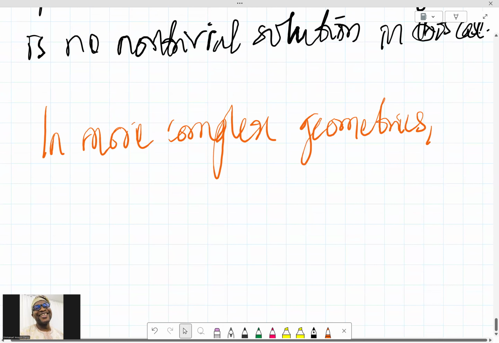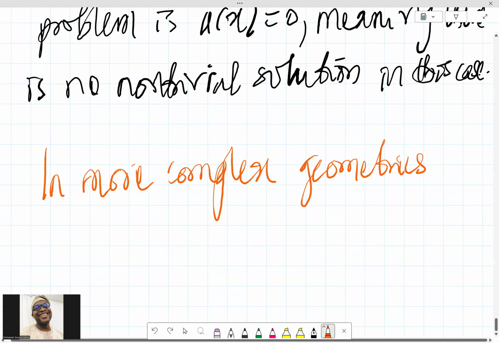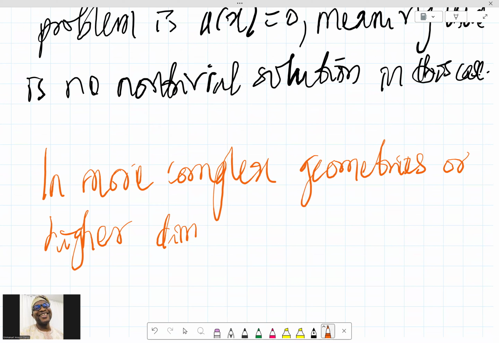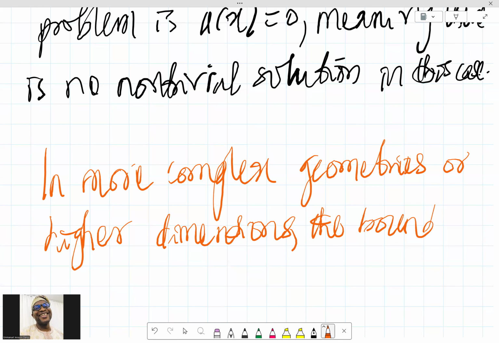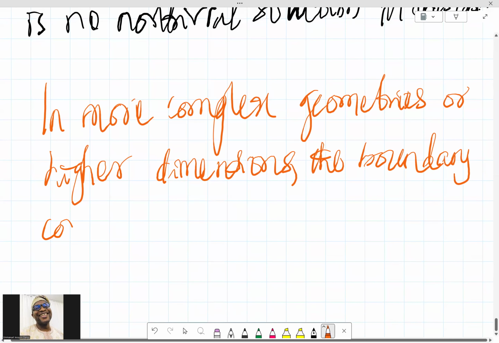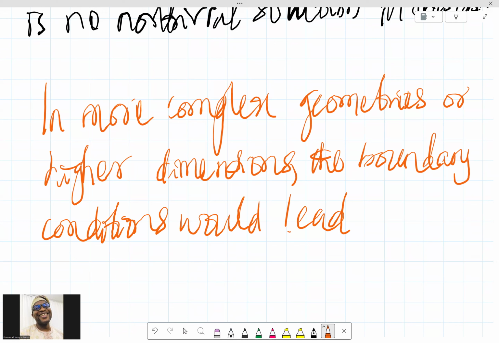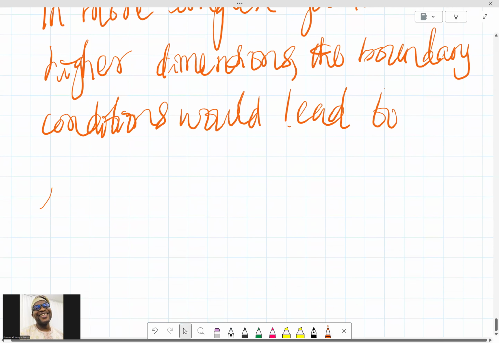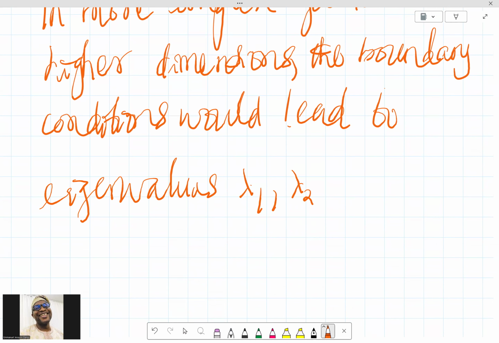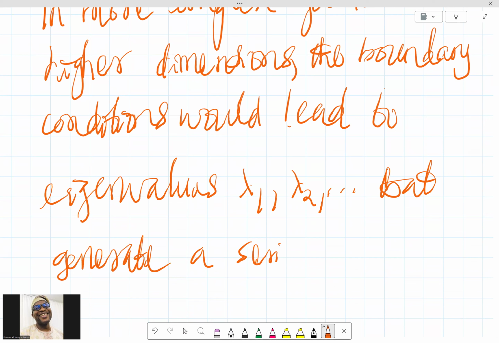So in more complex geometries or higher dimensions, the boundary conditions would lead to eigenvalues lambda 1, lambda 2, and so on and so forth, that generates a series solution.